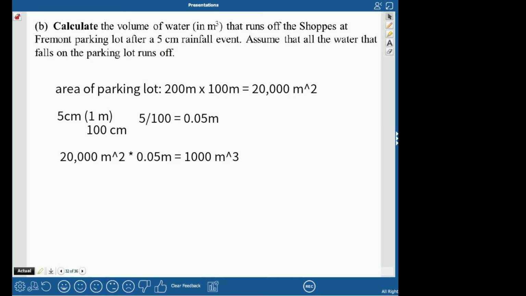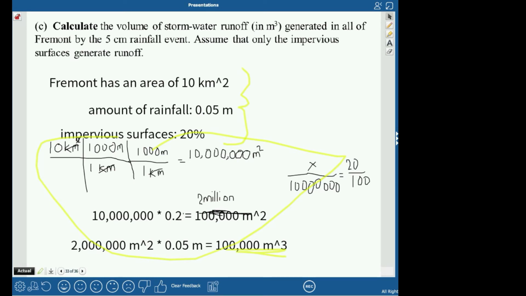So I took those 10 kilometers squared and converted to meters. There's 1,000 meters in 1 kilometer and 1,000 meters in 1 kilometer. I had to do it twice because it's kilometer times kilometer, so I have to get rid of kilometers twice. That gave me 10 million. Does that make sense?